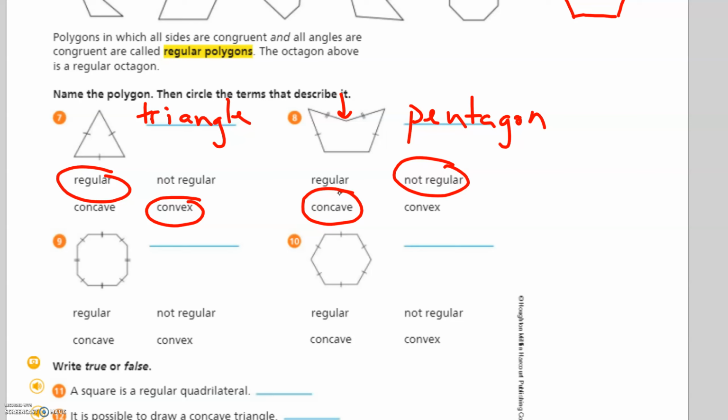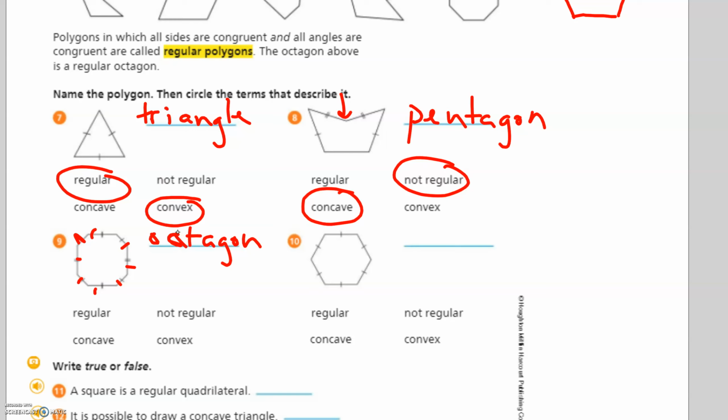Over here, let's count the sides. Start at the top. Sometimes when I'm counting, I'll mark them just to make sure I don't miss any. 1, 2, 3, 4, 5, 6, 7, 8. Okay, so there's 8 sides. That means it's an octagon. Oh, sloppy handwriting. Hopefully you can read that.